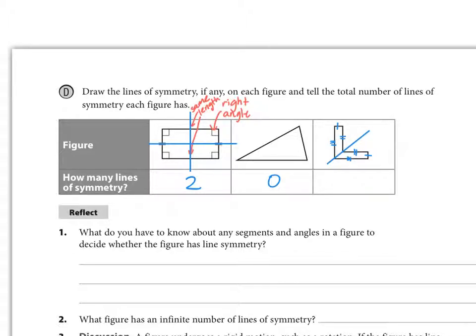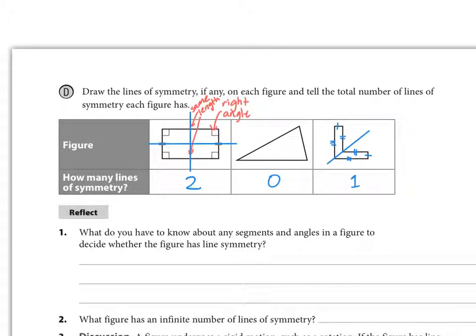By the way, drawing these lines of symmetry is a way of showing your work and your thinking, so please make sure you include that when you write down how many lines, because sometimes you might miss one, or you might come up with one that isn't really a line of symmetry but get all the other ones. So it's important that you draw those. That last one has one line of symmetry.